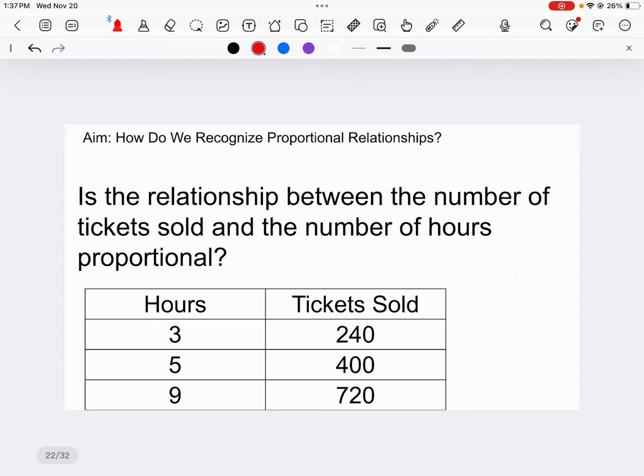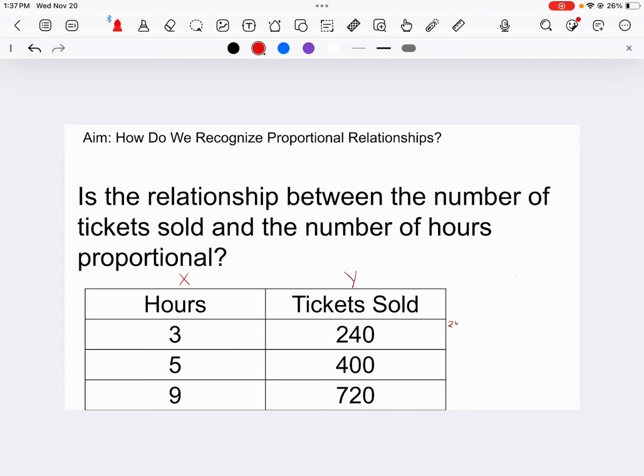Is the relationship between the number of tickets sold and the number of hours proportional? The tickets depend on how many hours they've been selling them for. So the tickets is y, the hours is the x.